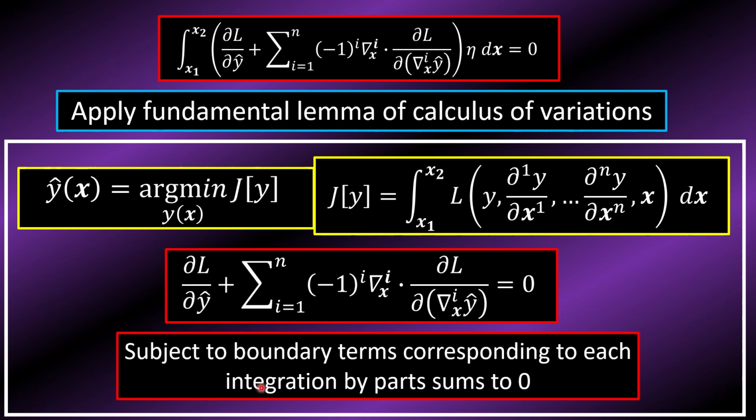But remember that it's subject to these boundary conditions that we imposed on each and every one of those integrals that we added together after we expanded them through integration by parts. So we were just left with the rightmost term, and the left terms were just those boundary conditions. And yeah, that's how we got the general formula.